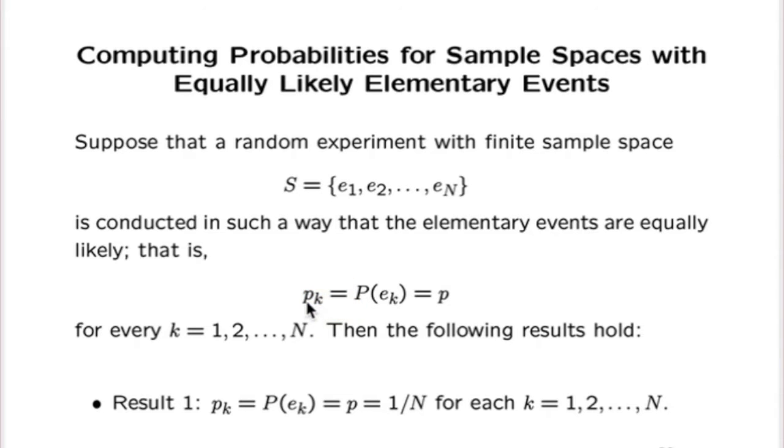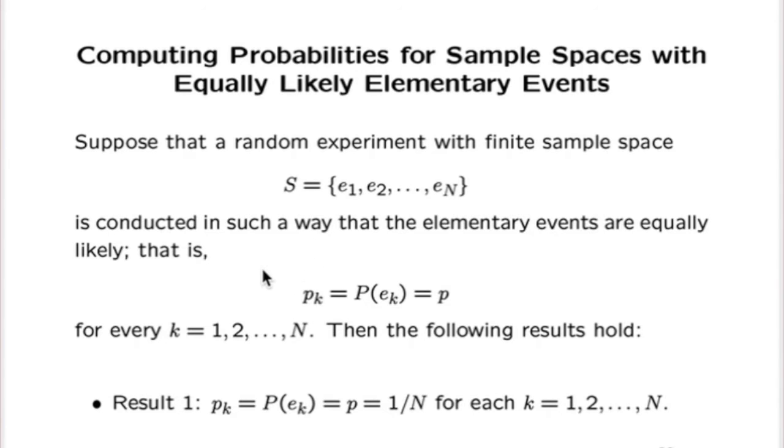So for example, P1 would be the probability that E1 occurs. P2 would be the probability that E2 occurs, and so forth up to P sub n would be the probability that E sub n occurs. All right, so I'm defining this simpler notation here to keep things more streamlined.